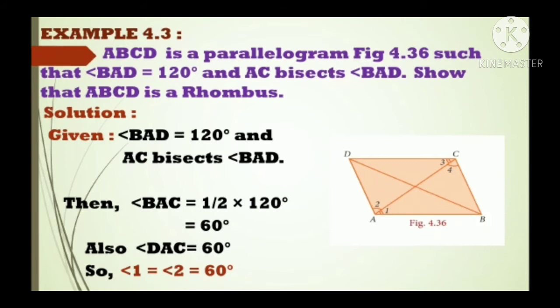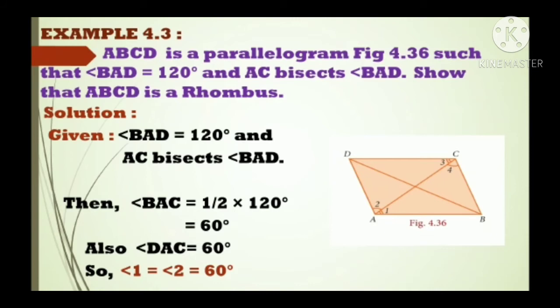So BAC and DAC are half of the angle BAD. So angle BAC equal to angle DAC equal to half of 120, that is 60 degrees. So we have found the value of angle 1 and angle 2, isn't it? Yes. So what is the value of angle 1 and angle 2? Yes, 60 degrees. Okay. Then we are going to find the values of angle 3 and 4.